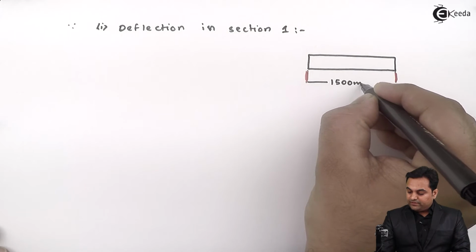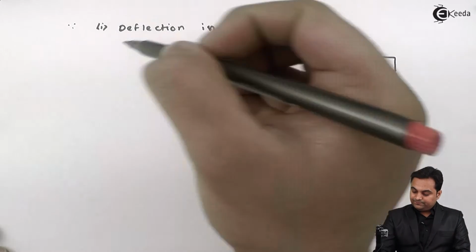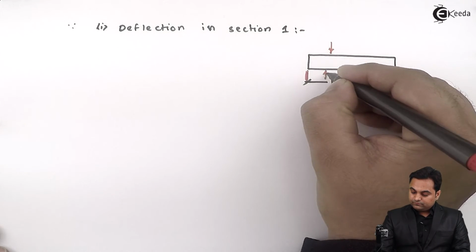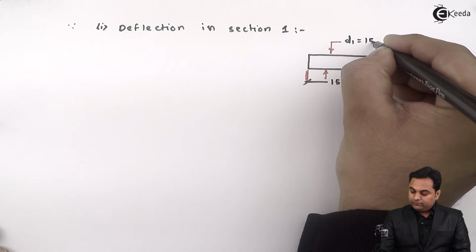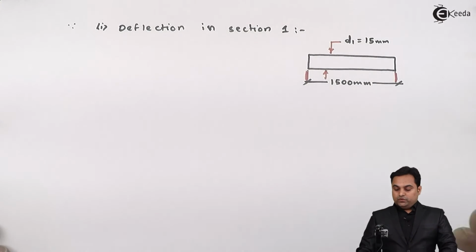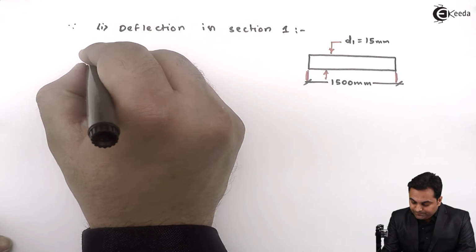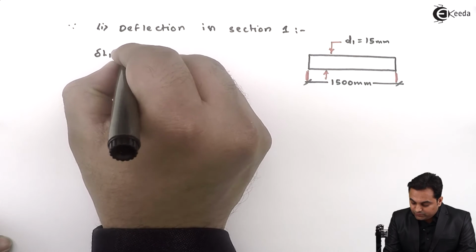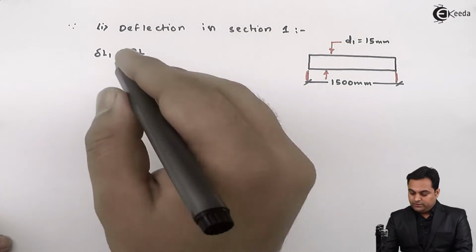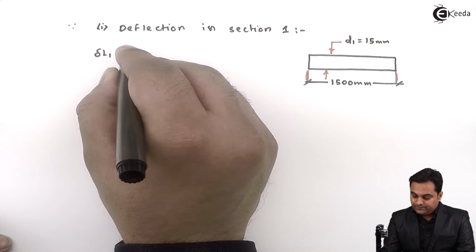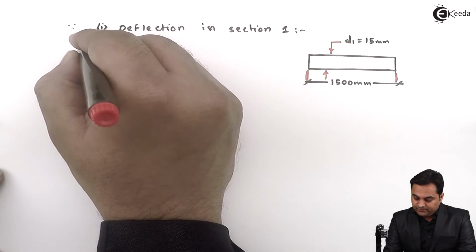This is 1500 mm long and the diameter D1 is equal to 15 mm. So this is the first section, and deflection in this section is given by the formula delta L1 is equal to PL upon AE. This is the formula to find deflection. Since we are calculating for the first section, this would be section 1. Now here I will be putting the values.